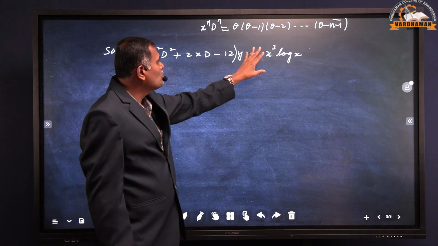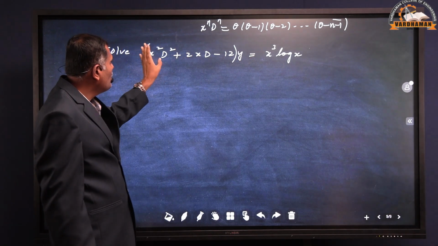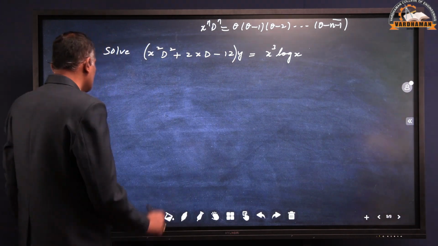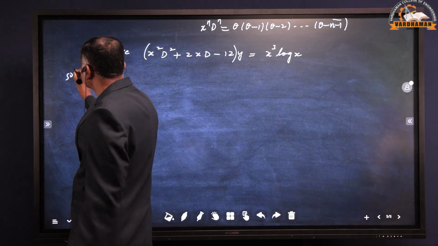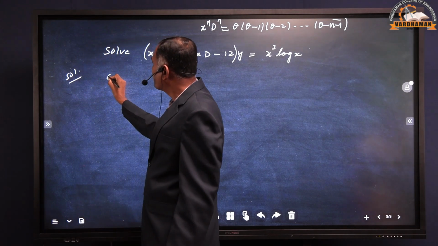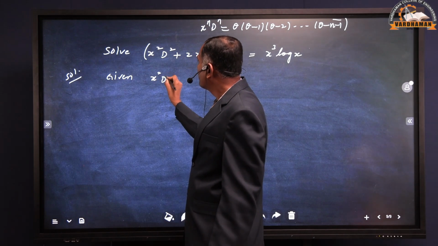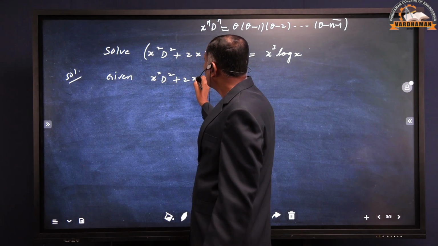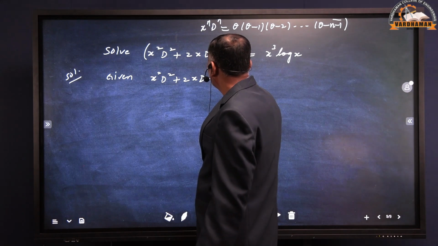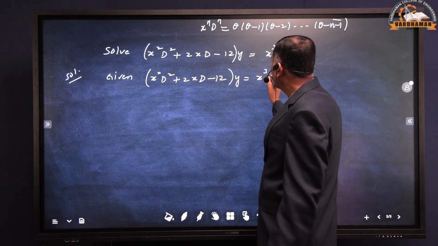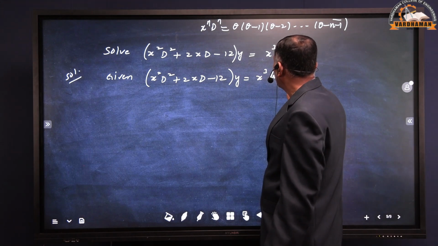Now we reduce this to a linear differential equation with constant coefficients using the substitution. This is the given differential equation: x square D square plus 2xD minus 12 into y equals x cube into log x.